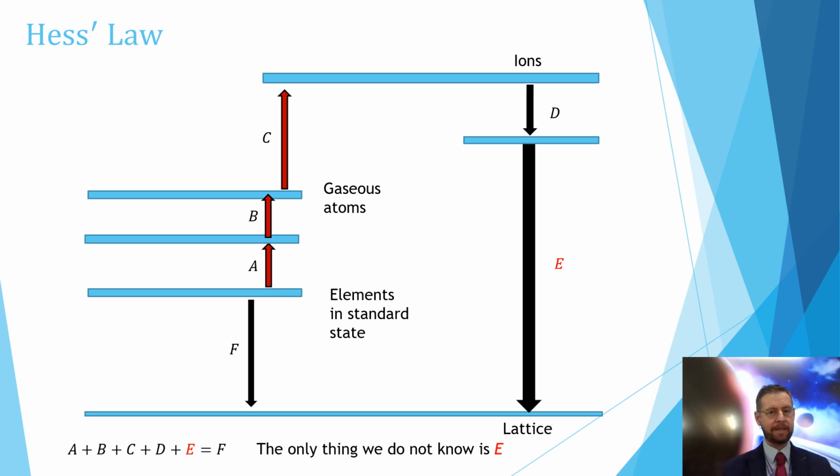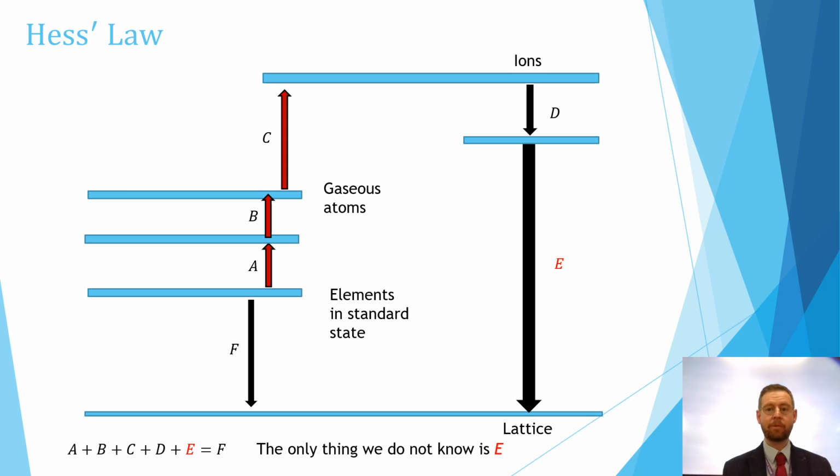Now this is where we need to apply Hess's law. If you look at the enthalpy change of formation F on this diagram, this has got to go all the way up to the top and then all the way back down again, so we know that A plus B plus C plus D plus E has got to equal F. So it's got to work its way back.